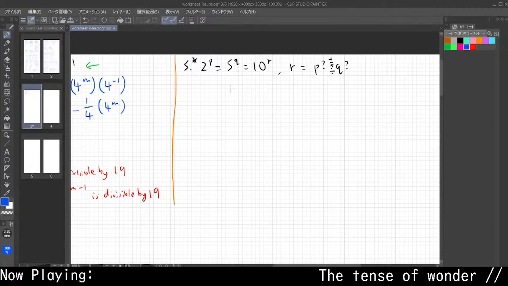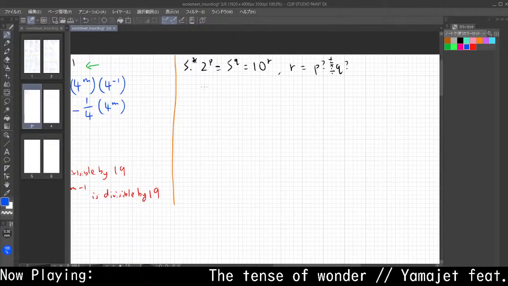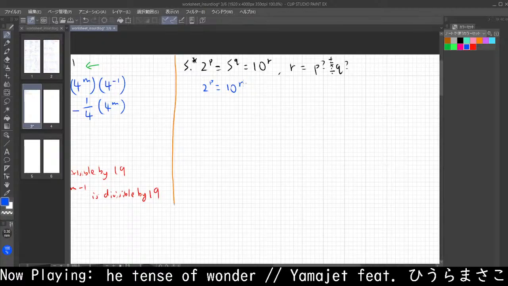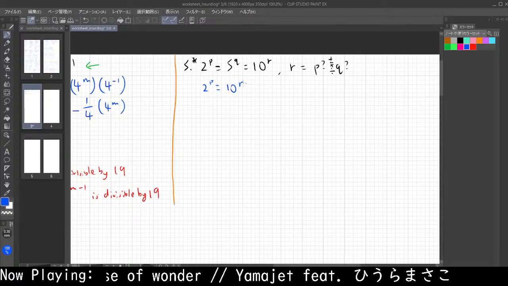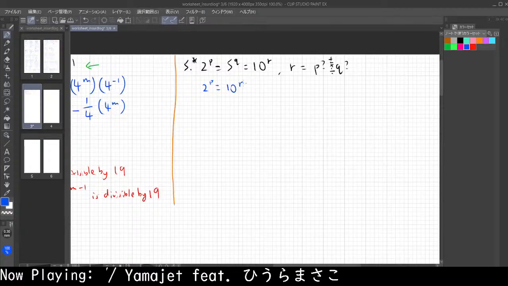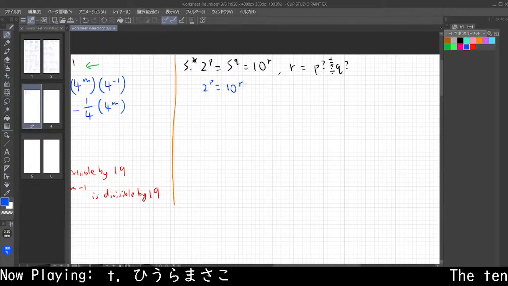So what I can have is 2 to the p is equal to 10 to the r. Again, I must include r over here because then it will be simpler to talk about. But since both things are equal to 10 to the r, I'll just start with p first. So 2 to the p equals 10 to the r.